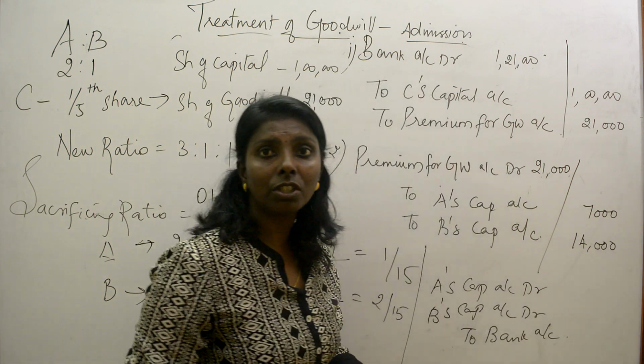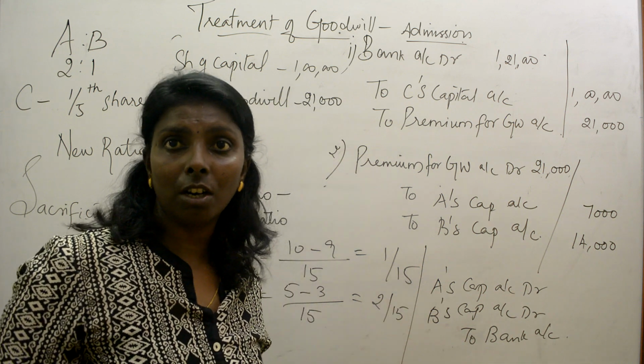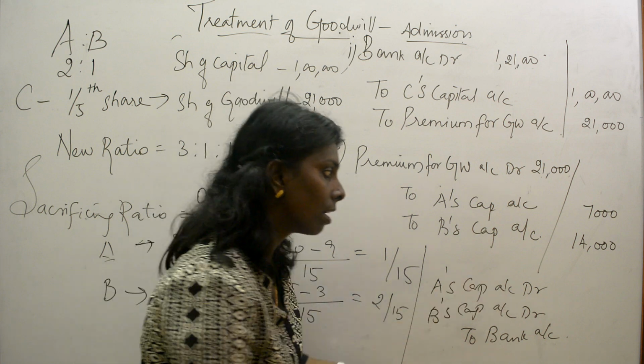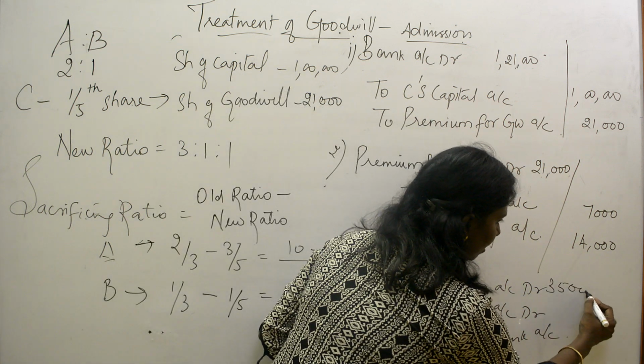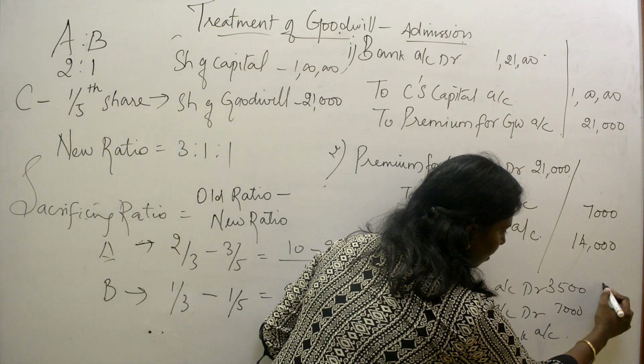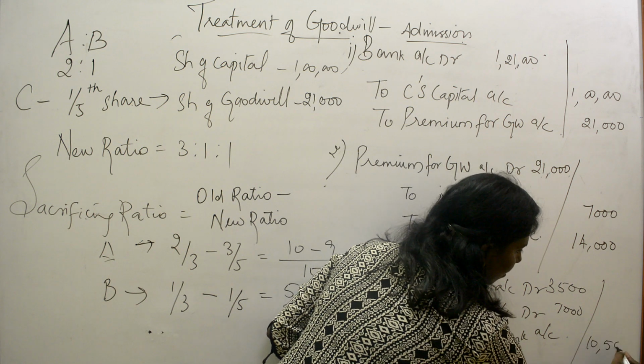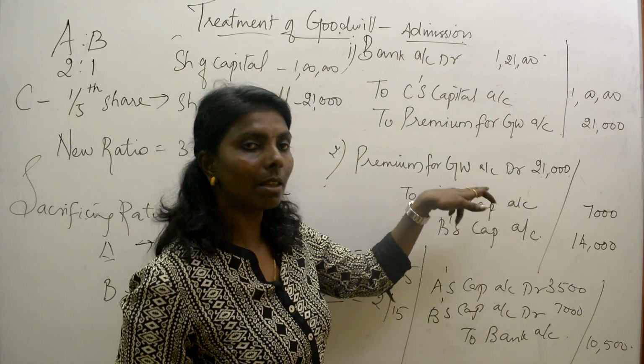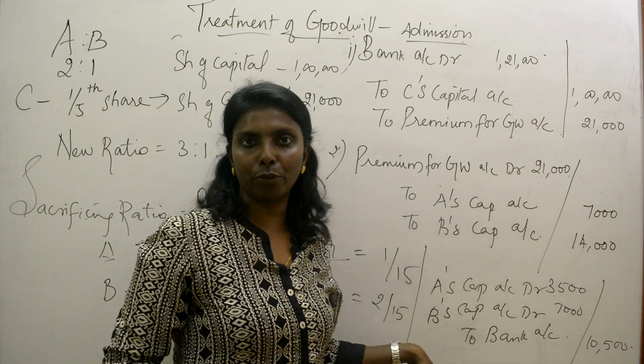They might even withdraw the entire amount of their goodwill or part of the amount. Supposing they are only withdrawing half of their amount, then it's going to be 3,500 and 7,000. So it's 10,500.